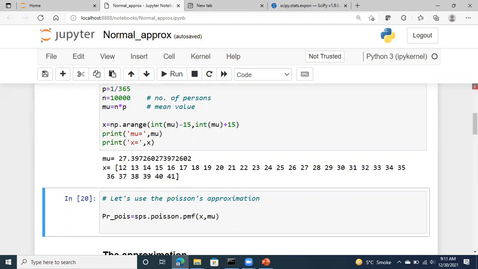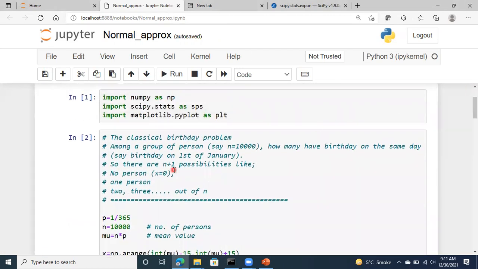Actually, all the values for X from 0 to 10,000 are possible. Like finding among 10,000 no person with the birthday on a particular day, one person having a birthday on the same day, and in a very unlikely case, all 10,000 persons having the same birthday. That is very unlikely if you collect people at random.